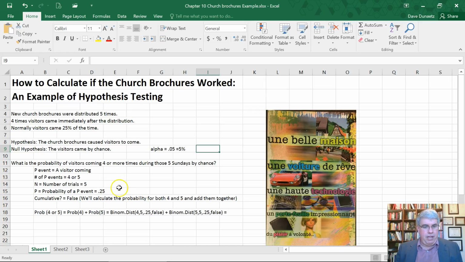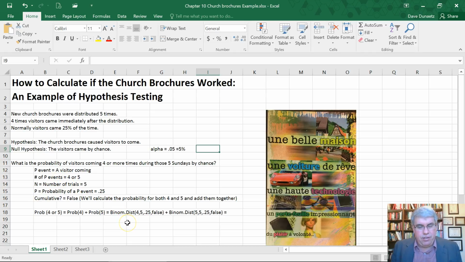The number of trials is 5. We're looking at the 5 weeks that we distributed the brochure. And the probability of a P event happening by chance, a visitor just coming, is 0.25 because they came 1 out of 4 Sundays. And cumulative is going to be false. We're going to calculate the 4 and the 5 together.